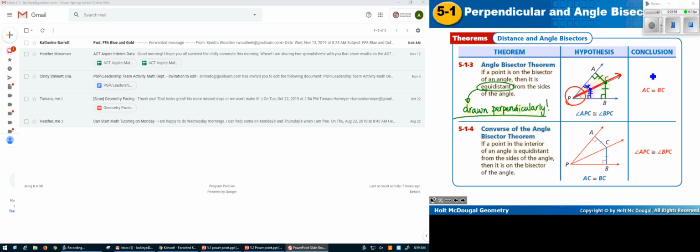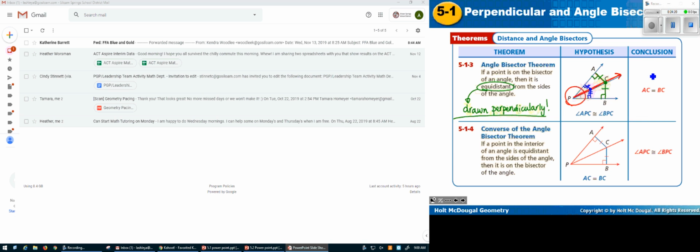So if they give you the distances are the same, what can you conclude about AP? It's the angle bisector. So the converse would say we can conclude that ray AP is an angle bisector, which means we would now know that these angles are congruent.